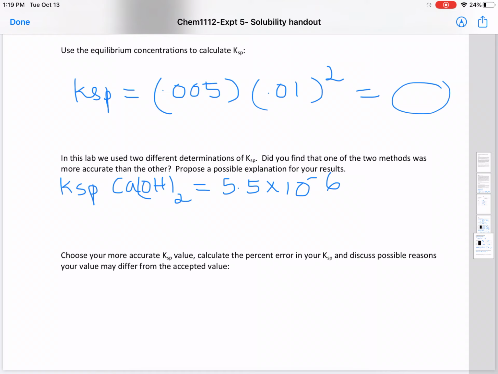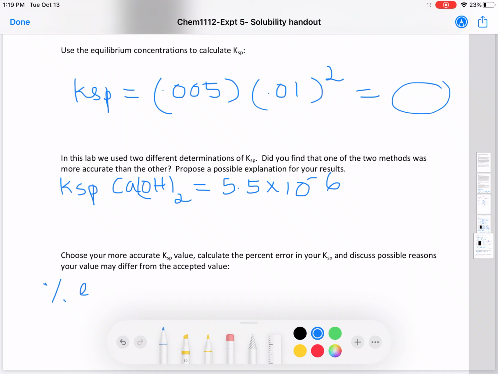Okay, and then choose your more accurate Ksp value to calculate the percent error in your Ksp and discuss possible reasons your value may differ from the accepted value. So you choose the closest one, and how do you calculate the percent error? You did this percent error calculation in Chem 1.